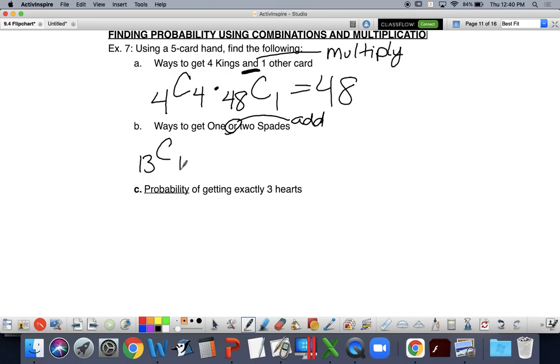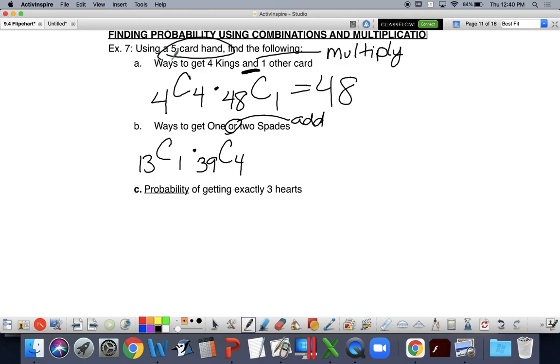How many non-spades are there? 39. Because I've got to consider all the ways to get 4 other cards that are not spades. I'm thinking about a 5-card hand here. I've got to think about all the different ways I can get 5 cards in my hand and only 1 of them being a spade.